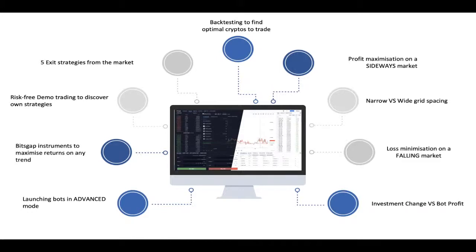I will also demonstrate my real cases and explain the logic behind my entry and exit points, as well as show you what makes the narrow grid spacing different from the wide grid spacing in terms of profitability and the risk management.